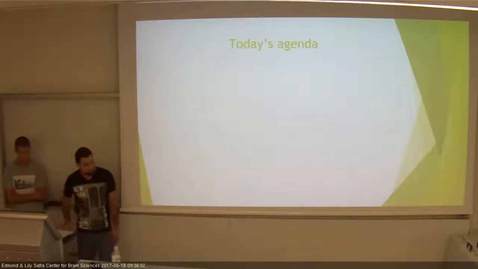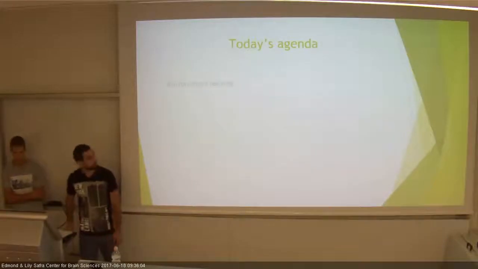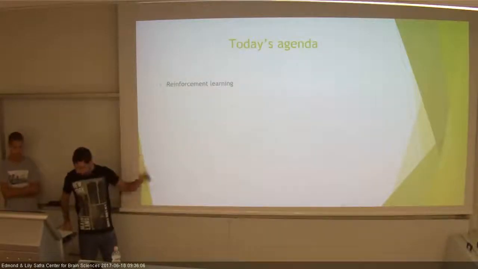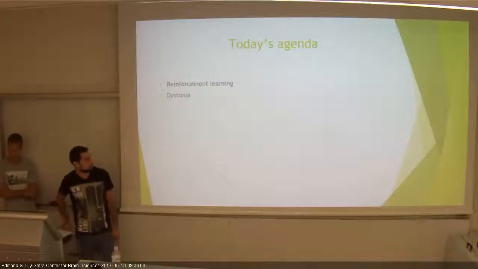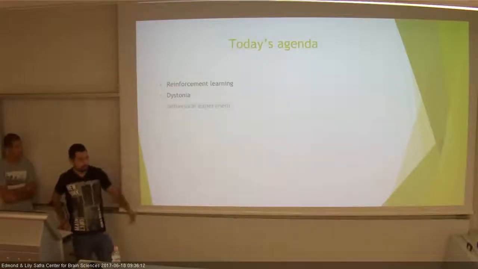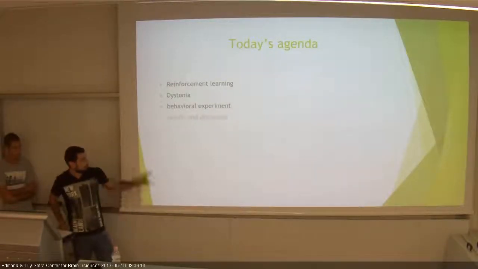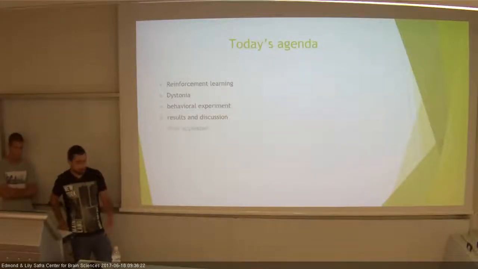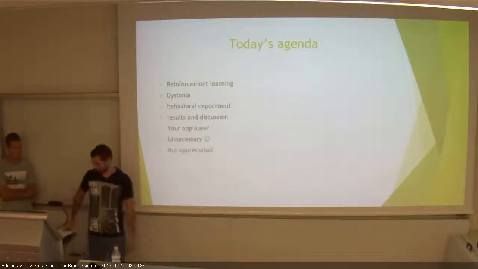Okay, so on today's agenda, we'll be seeing reinforcement learning, which will help us model our task. We're going to dystonia, a sort of introduction to what it is and how it affects our basal ganglia. Then the behavioral experiment, the results, and the discussion.